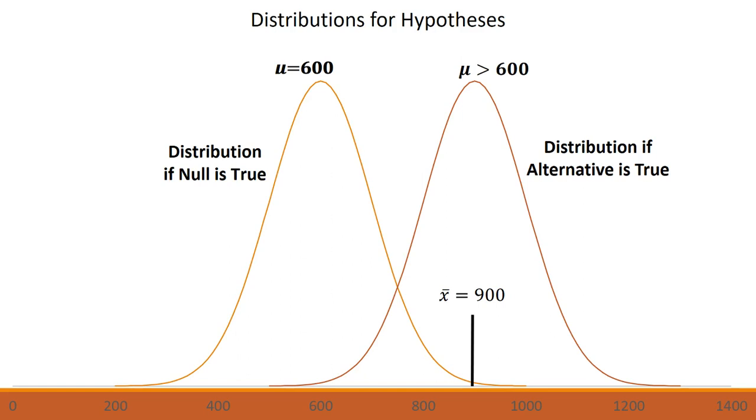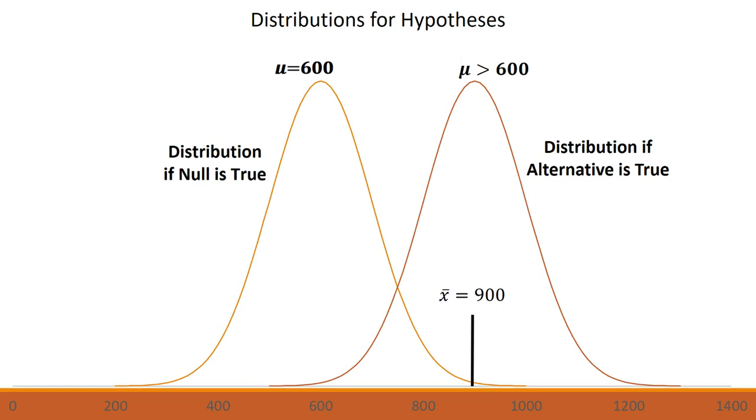If our value is really extreme, then we will reject our null hypothesis. We will conclude that our null hypothesis is not correct if we have a really extreme value.